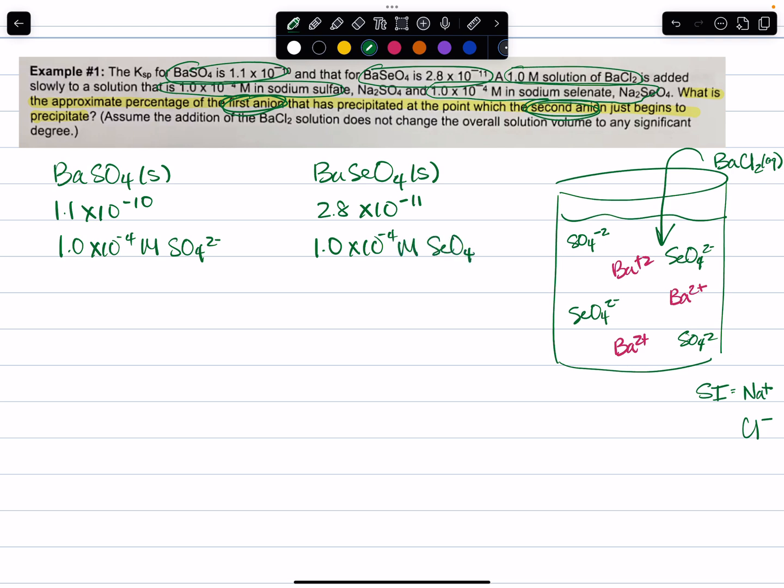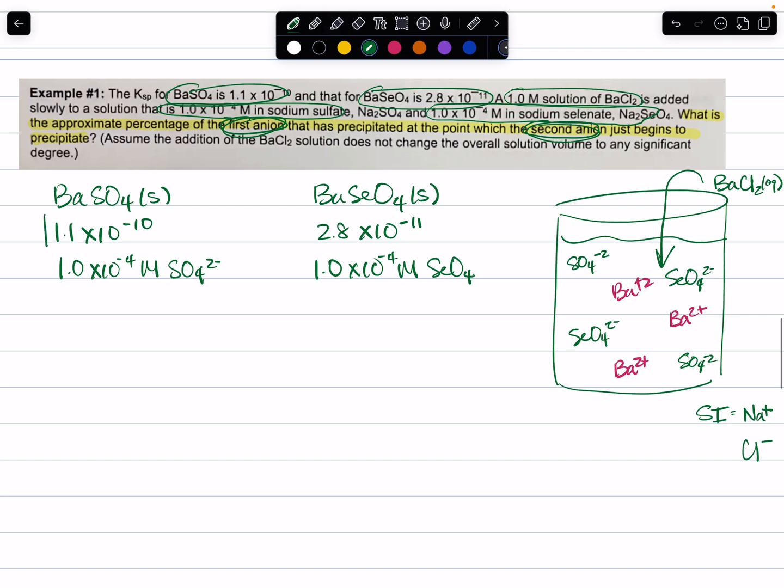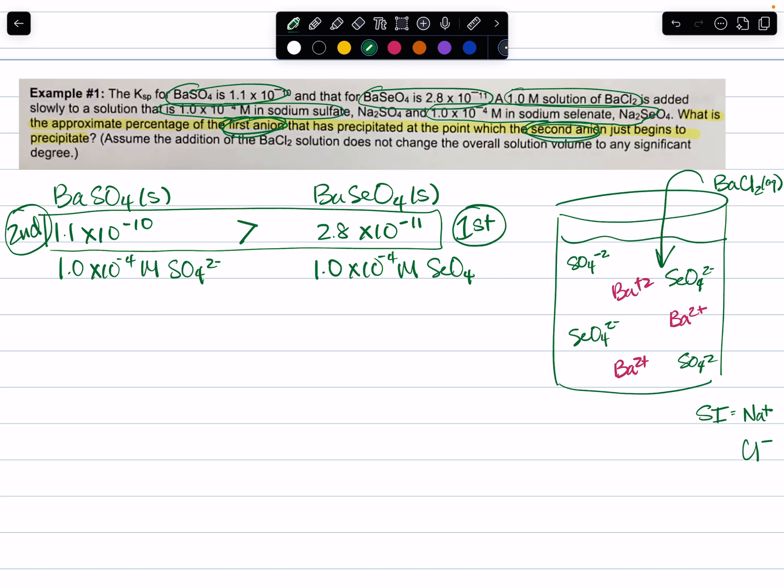All right, so each of these salts has the same number of ions, and I have the same concentration of each of these anions. So that means that I can directly compare these KSP values and decide which is going to precipitate first. Now, because the KSP of BaSO4 is greater than the KSP of barium selenate, this is going to precipitate first, and this one will precipitate second.